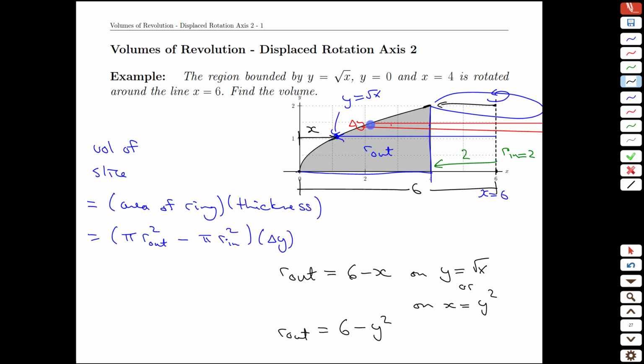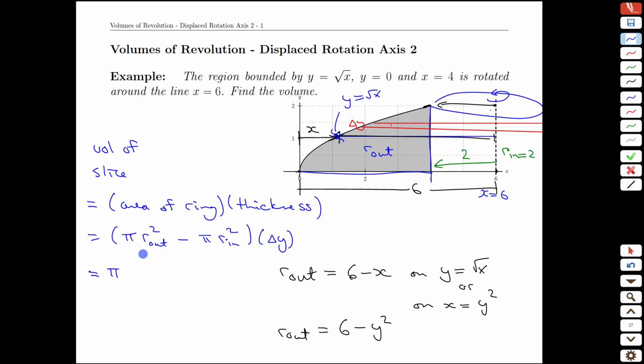We could check some other values as well, but this is a formula for the outer radius from the axis of rotation to the boundary defined by y equals root x. Again, the best advice, draw the diagrams and just be explicit about where your radius is. It's this distance here for the outer radius. How can we build that from the ingredients in the problem? Well, let's sub that in.